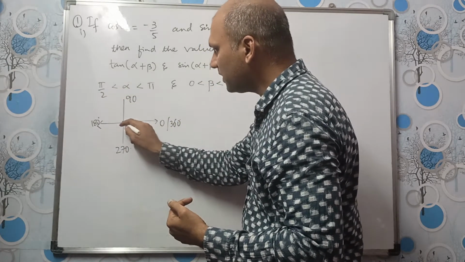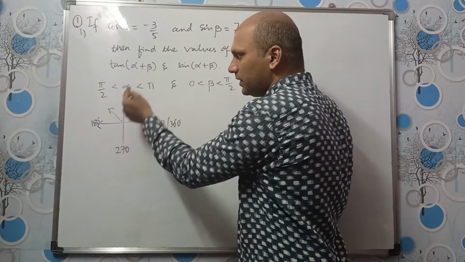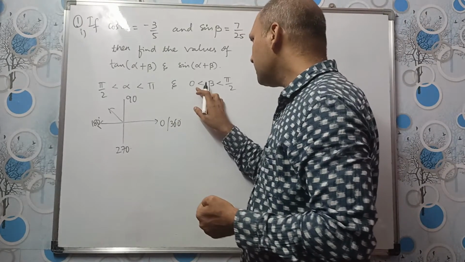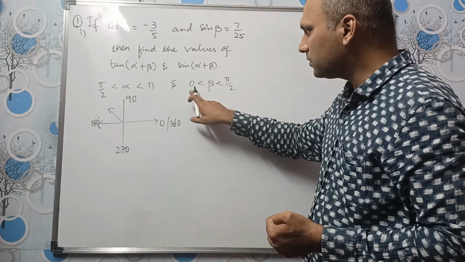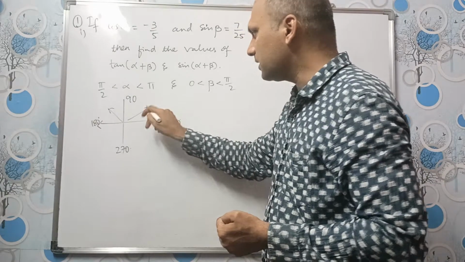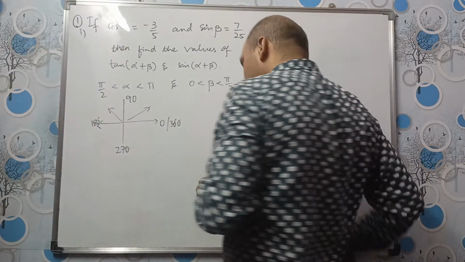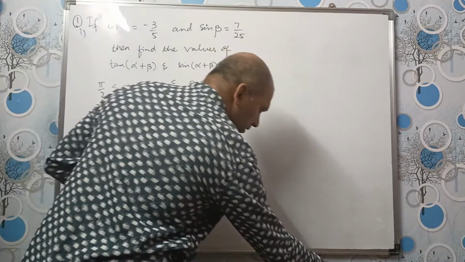Greater than 90 means somewhere here, and less than 180, so it is in the second quadrant. And beta is greater than 0 and less than pi by 2, which means beta is here in the first quadrant. So beta is in the first quadrant and alpha is in the second quadrant.